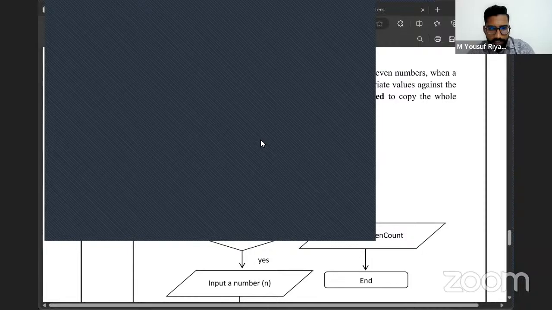I'll search the channel link, because in this WhatsApp I don't have the channel link, I guess. Okay, I know where to get it from here.